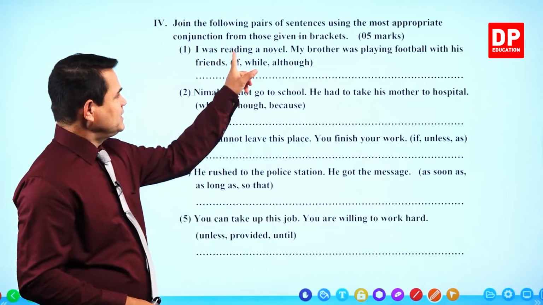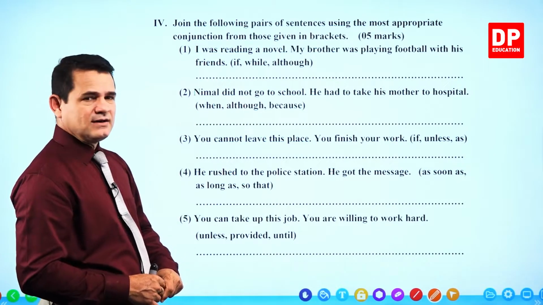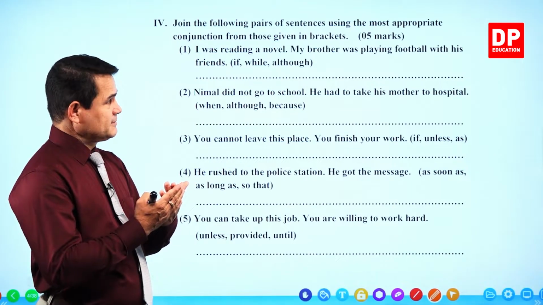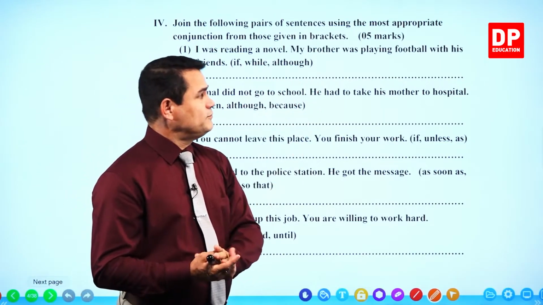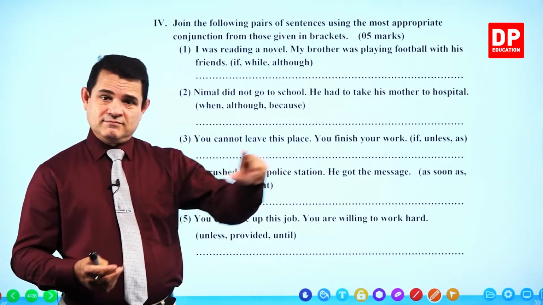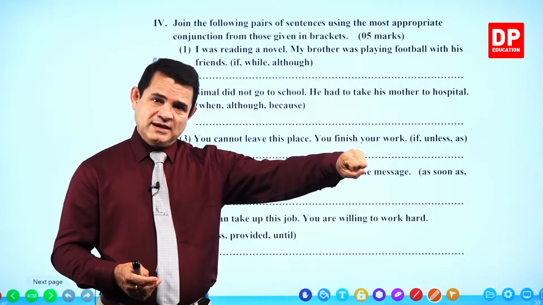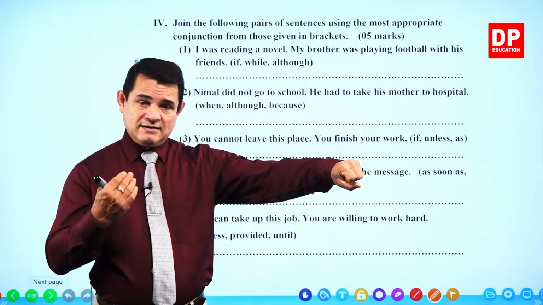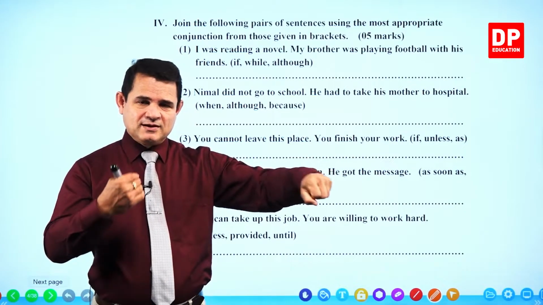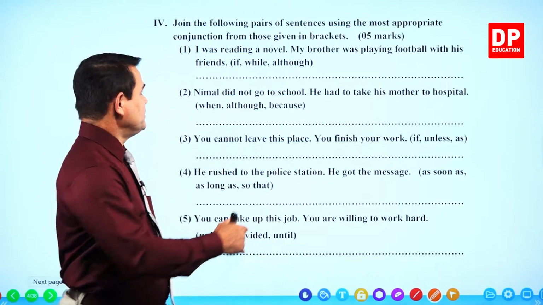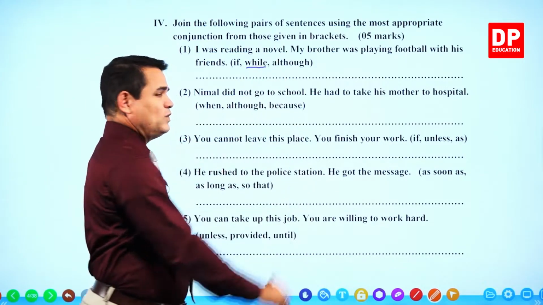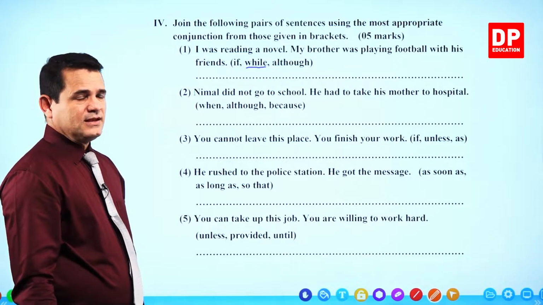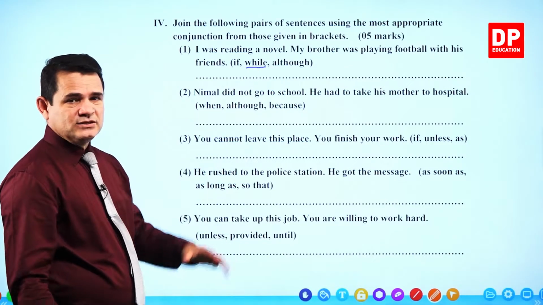ඒ වගේ. So then මෙතන තියෙන එතකොට I was reading a novel. මම novel එකක් කියවමින් සිටියා. My brother was playing football with his friend. Brother playing football. එතකොට playing football and reading a novel. එහෙනම් එකම මොහොතේ ක්‍රියාවන් දෙකක් සිද්ධ වෙලා. Then the word we can use is while. Then how do you write join in these two sentences?